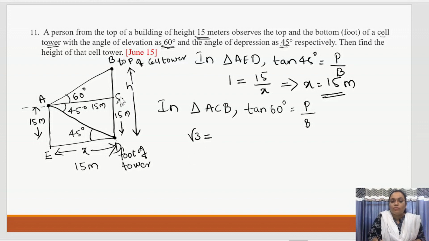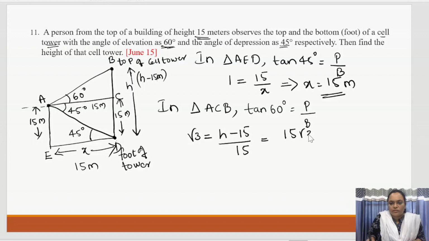This is the height of the whole tower, so from C and D it is 15 meters. If you want only B and C, this will be H minus 15 meters. So root 3 is equal to H minus 15 by base, which is 15.